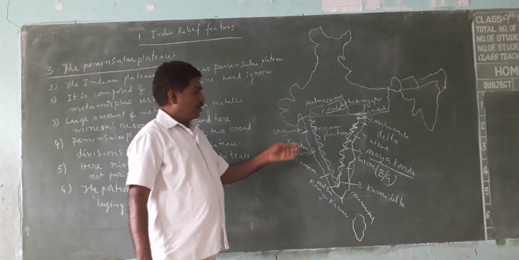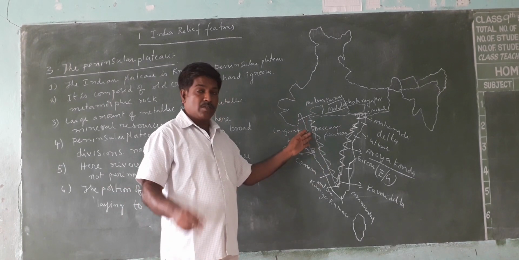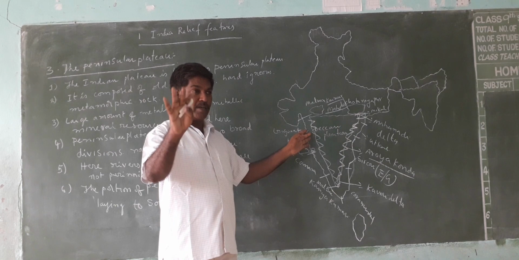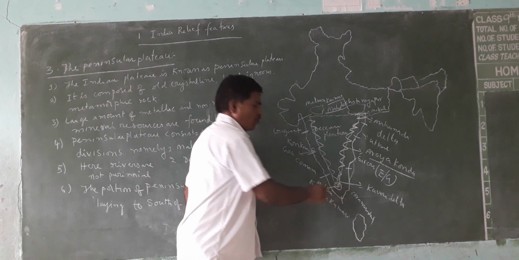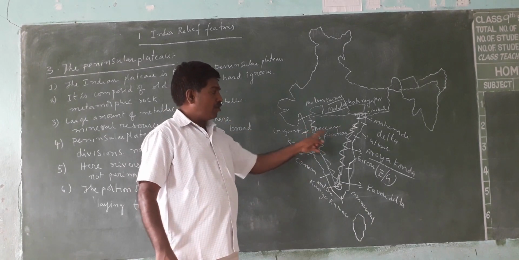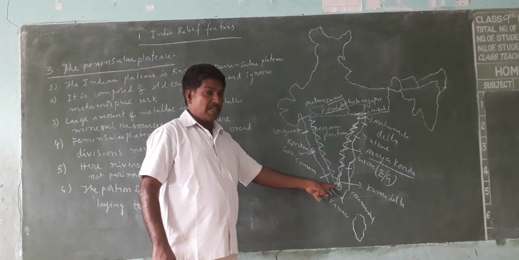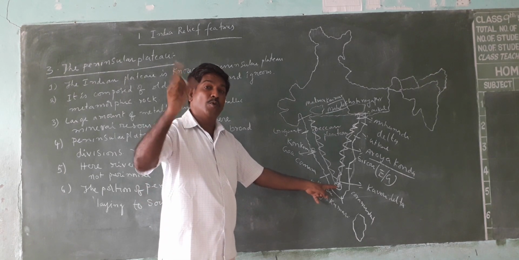And later, in Western Ghats, what is the highest hill? Dodabetta, in the Nilagiri area. What is Nilagiri? Eastern Ghats and Western Ghats joining place is Nilagiri. But the particular area is Godaluru.